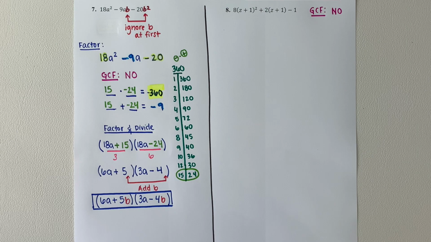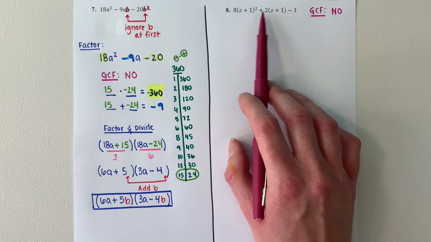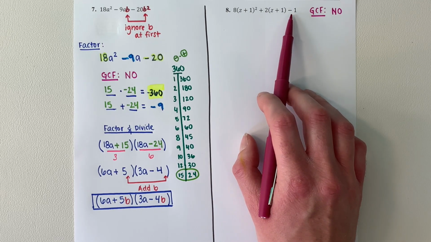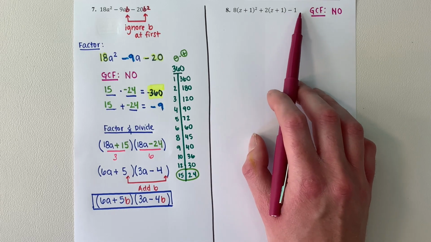Now we need to count the number of terms. Terms are quantities that are separated by addition or subtraction symbols, and those addition or subtraction symbols should not be inside parentheses. So this addition symbol and this subtraction symbol, neither of them are inside parentheses, so these both are separating our terms. So we have one term here, a second term, and a third term.